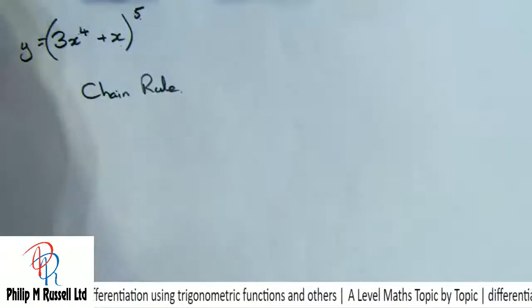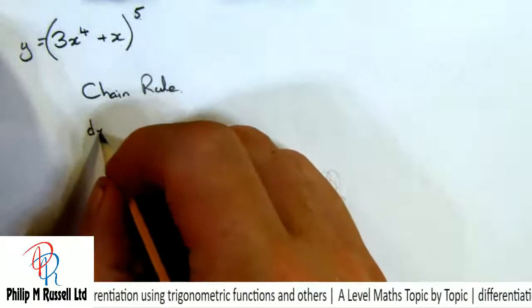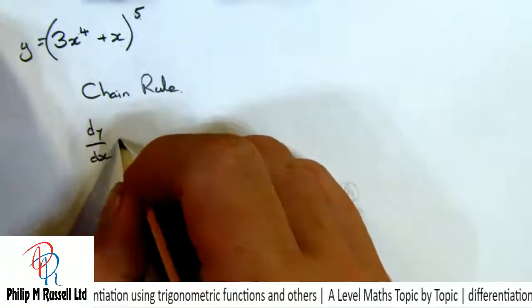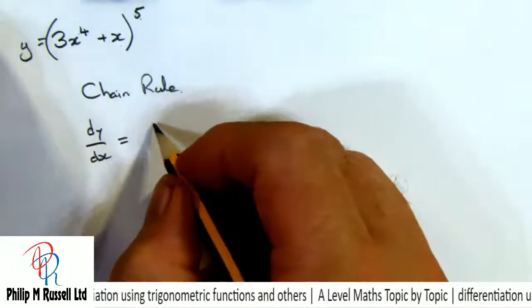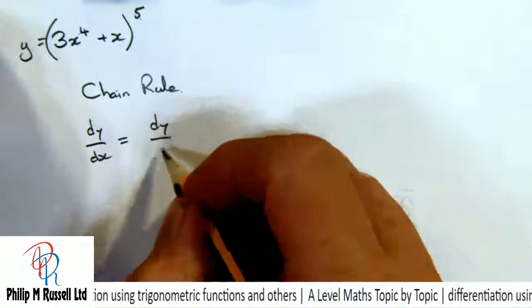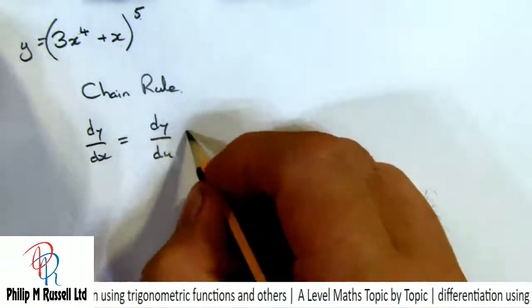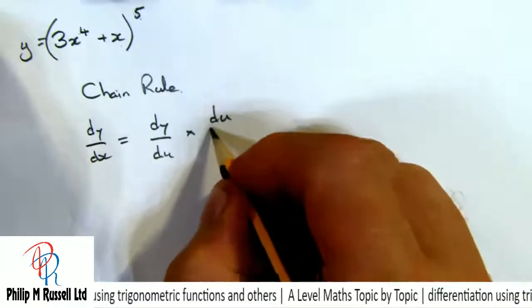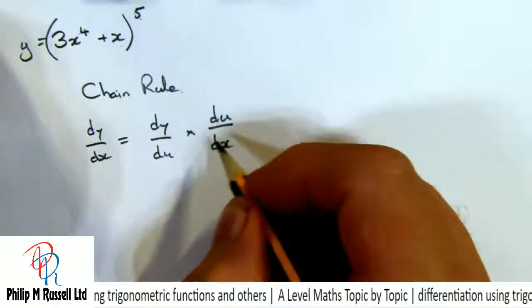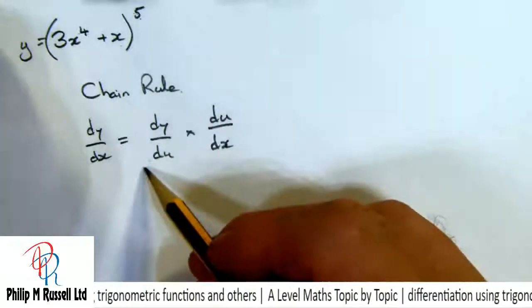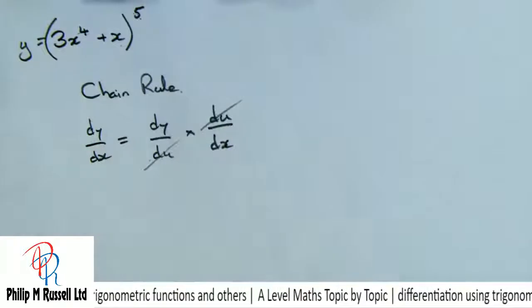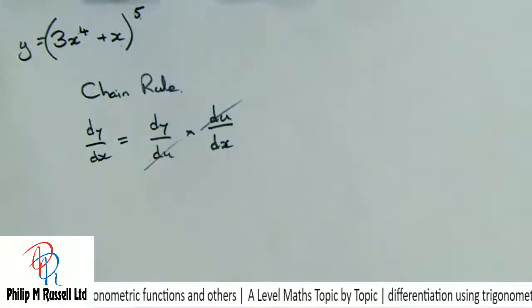The chain rule says that dy by dx can be made by taking dy by some other function du times by another function du by dx. Now these will eliminate and we'll be left with dy by dx.